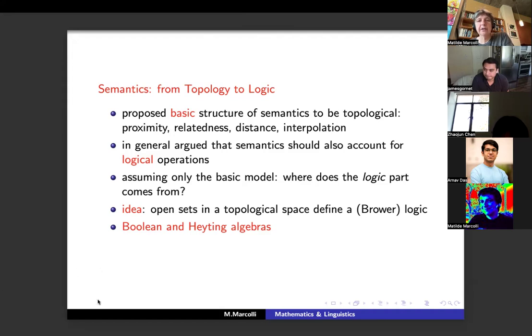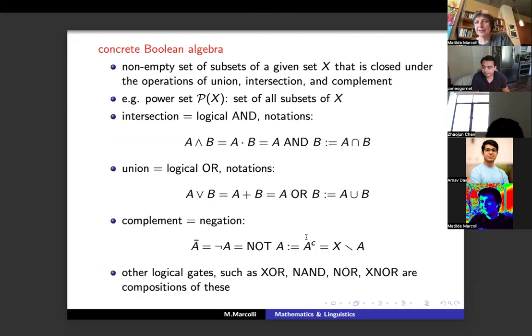The main idea lingers on the slight difference between two notions of logic. One is classical Boolean logic, and the other is constructive logic, or Brouwer logic. So let me start with the usual Boolean logic.